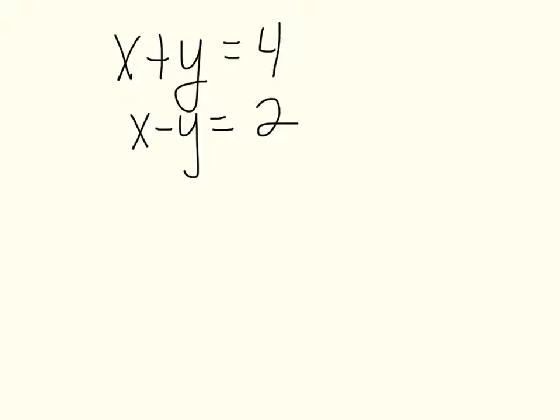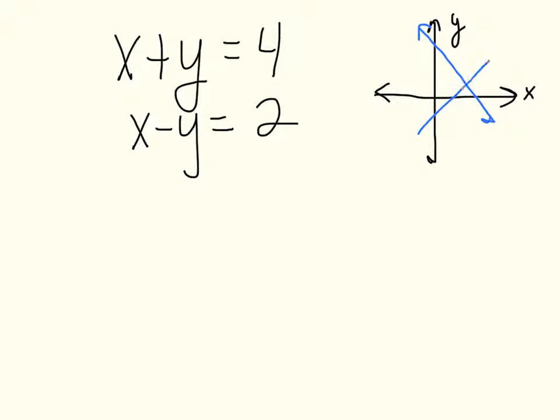So if you graph them, I'm just going to roughly graph these. So if you graphed the top one, and once again, this is not accurate, I'm just quickly graphing them to make a point. And if you graph the second one, let's say you had that.